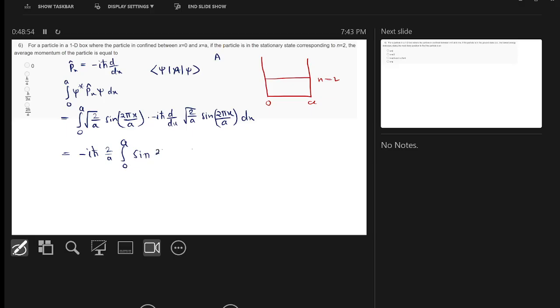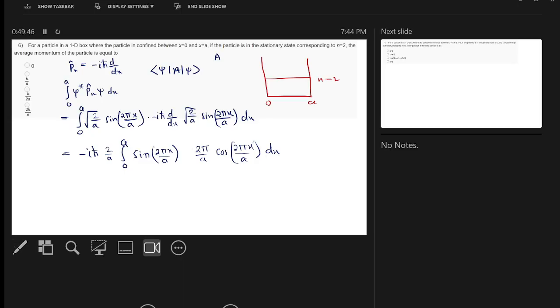Sine 2 pi x by a, and here 2 pi by a, sorry, 2 pi by a cos 2 pi x by a dx.